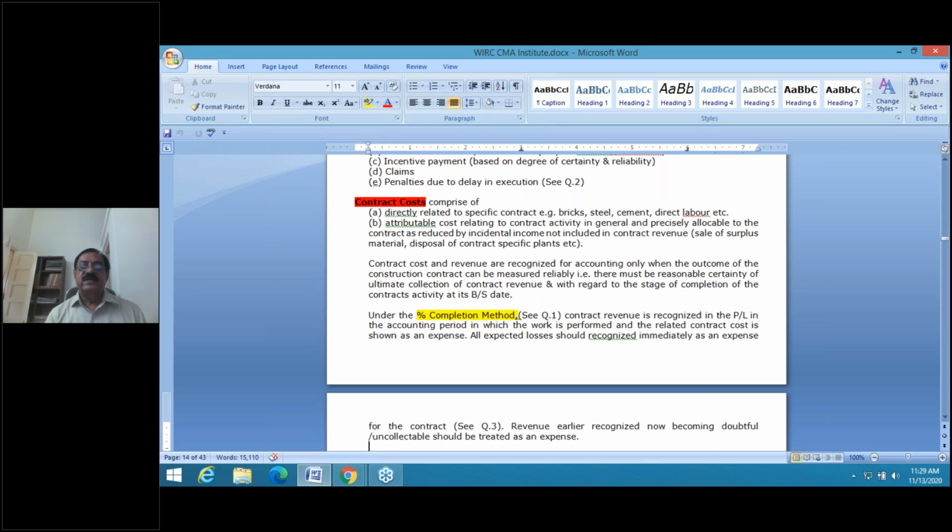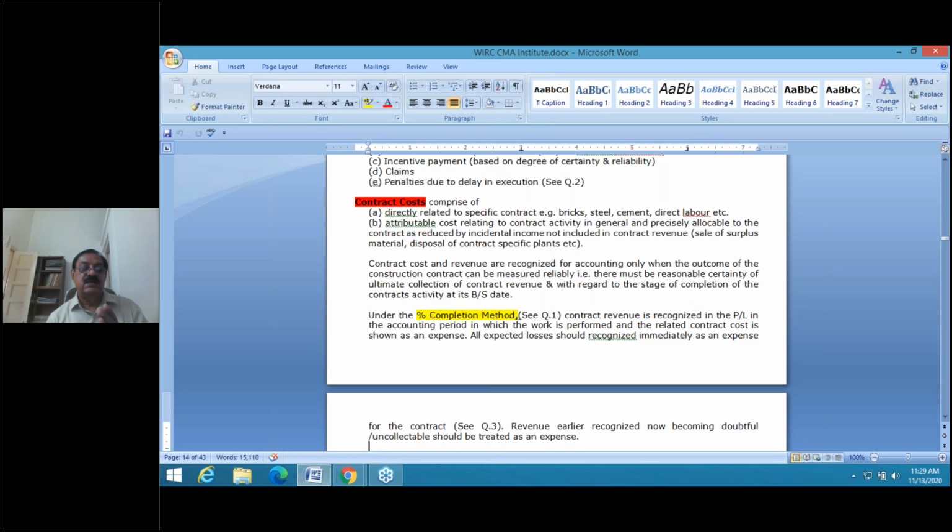Contract costs and revenue are recognized for accounting only when the outcome of the construction contract can be measured reliably. So this is the revenue recognition rule. Any revenue can be recognized only when there is reasonable certainty of collection of its ultimate income. If there is no reasonable certainty of its ultimate collection, it is not to be shown.